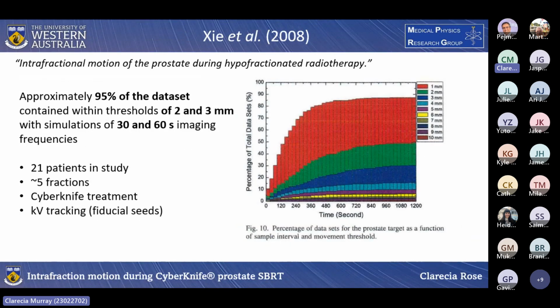This study actually was completed using CyberKnife tracking data, and they concluded that 2 to 3 millimeter thresholds with 30 and 60 second imaging frequencies was adequate to capture 95% of the data set. And this was a very similar setup to what we have at Sir Charles Gairdner Hospital, with a mean of 5 fractions and the KV tracking.